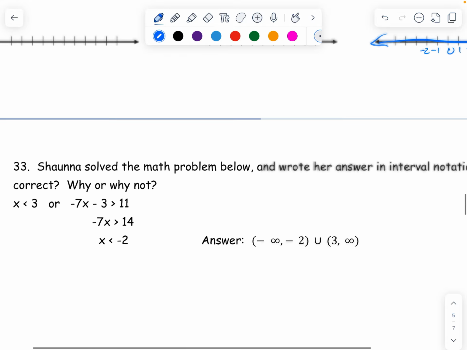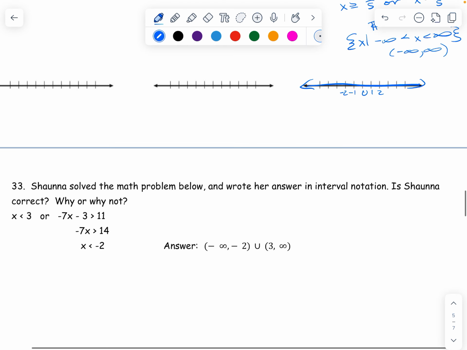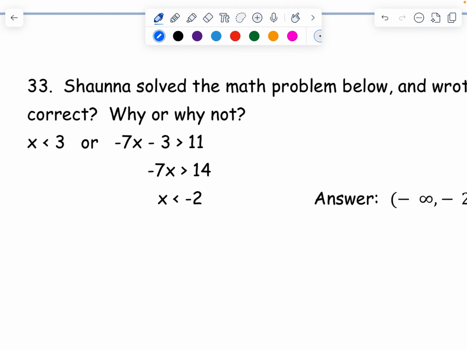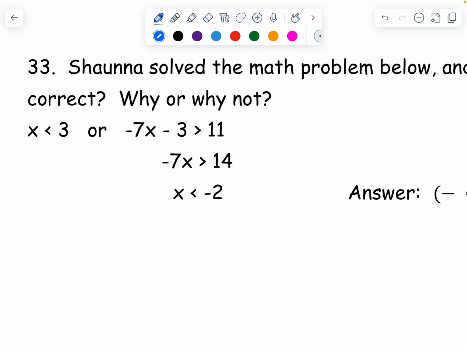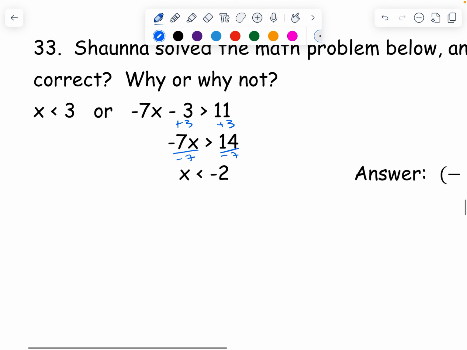Okay, Shauna solved the math problem below and wrote her answer in interval notation. Is Shauna's answer correct? Okay, so added 3, that looks good. Divided by -7. Change the inequality. So if I was to graph this, it is an OR statement.